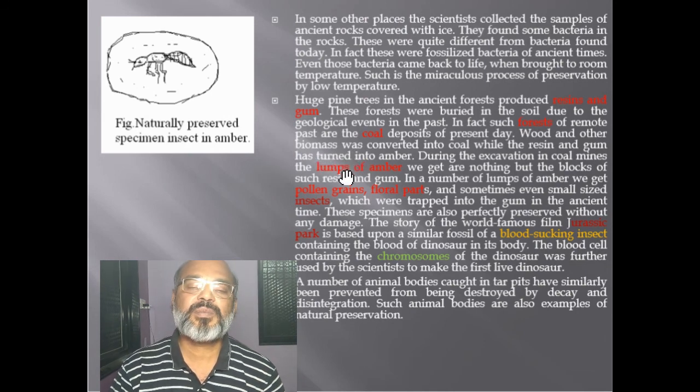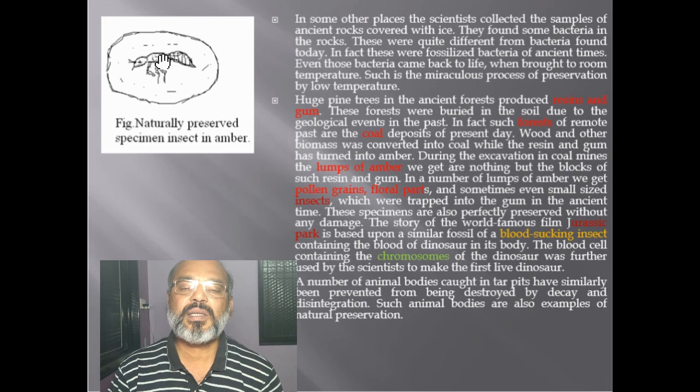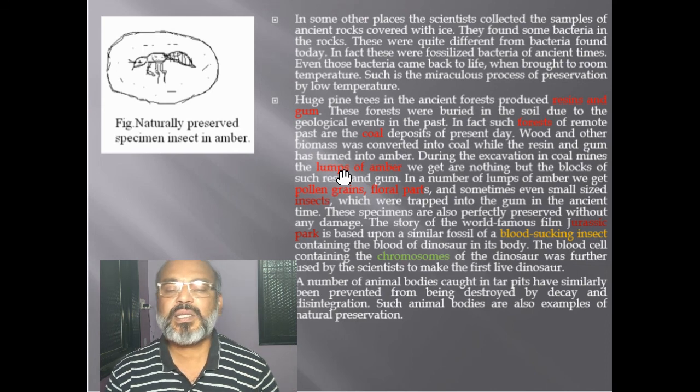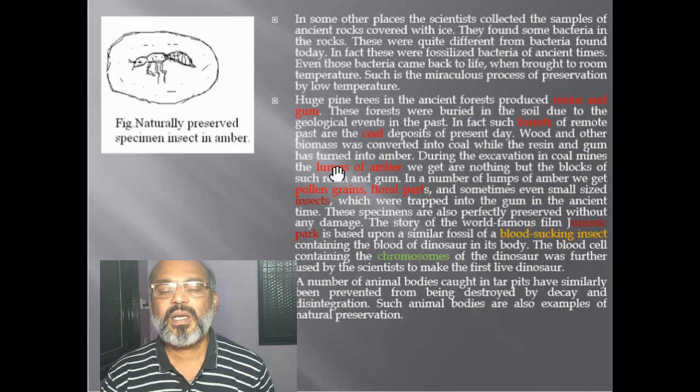Next, as previously described, the lumps of amber preserve insects, seeds of plants, pollen grains, and floral parts, which also serve as evidence in support of organic evolution.